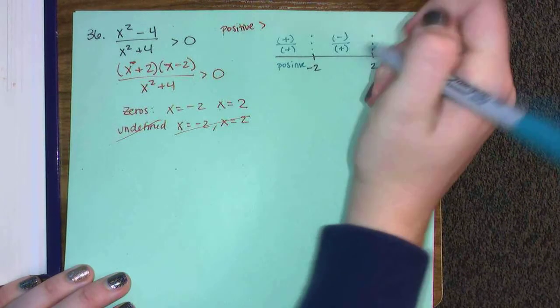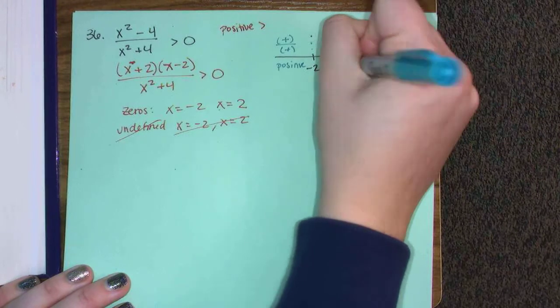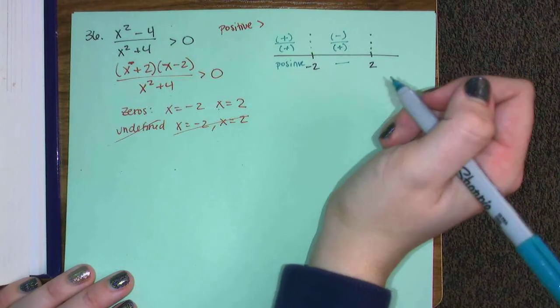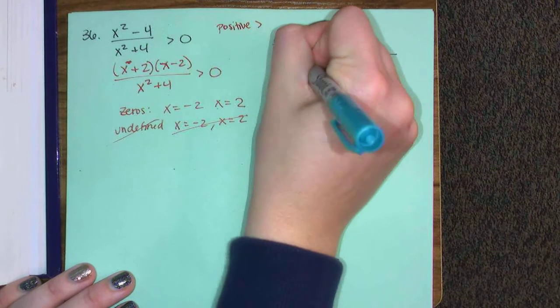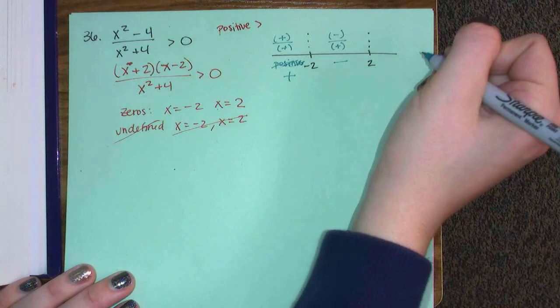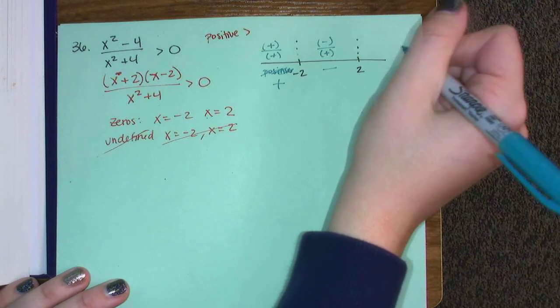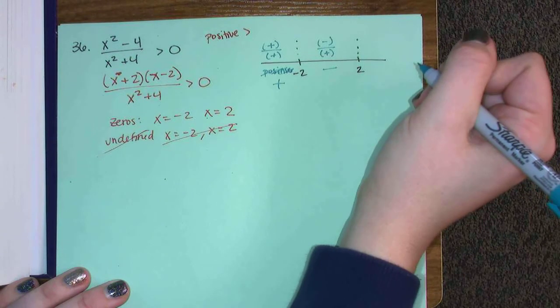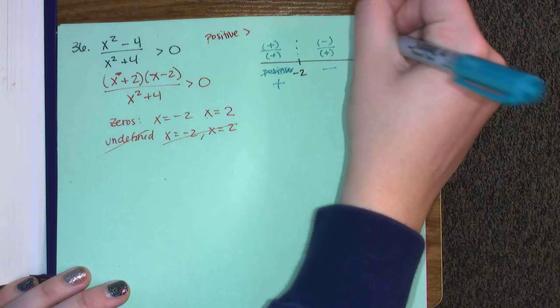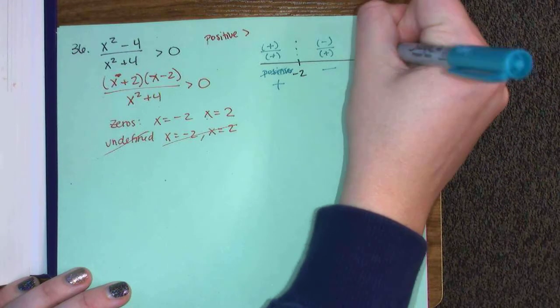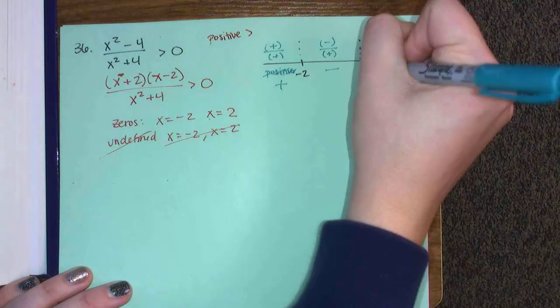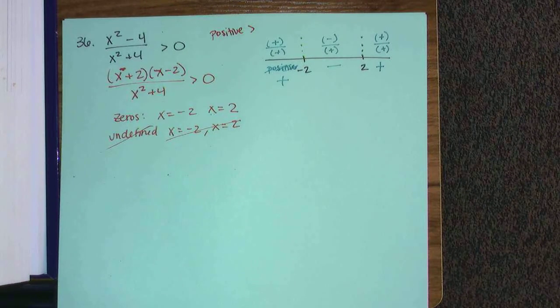I'm just going to write the signs from now on. It's easier. And then over here, positive, positive. Okay, so I need the positive value, so what is my solution?